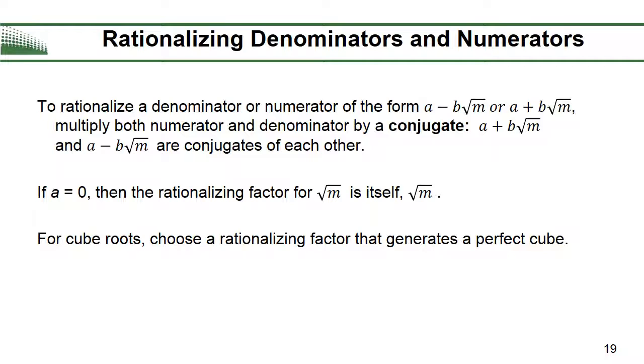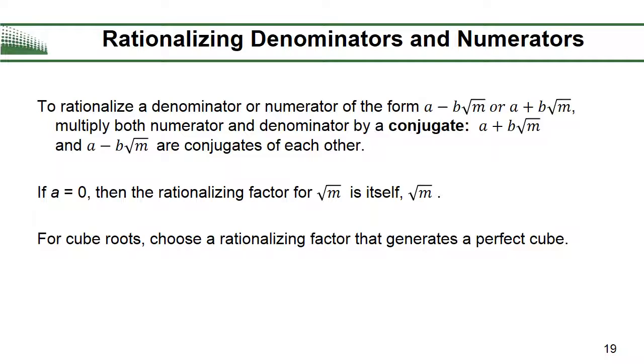Now, if you don't have an a, if it's not something plus or minus a square root, if it's just a square root, then just multiply the top and the bottom by that square root. For cube roots or higher roots, it's a little bit more complicated, because in order to pull something out of a cube root, you have to have 3 factors.